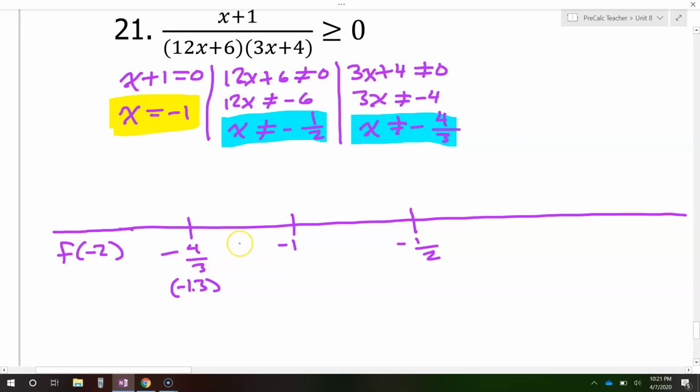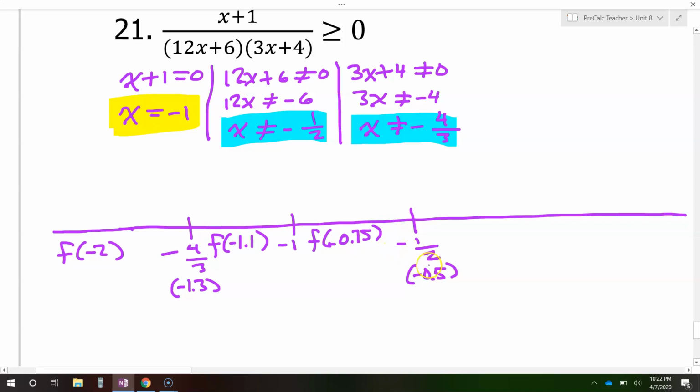So there are really only a couple of things that I would use, either negative 1.1 or negative 1.2. I think I'll just use negative 1.1. So I'm going to check negative 1.1 as a test value. Now similarly, in between negative 1/2, which is the same as negative 0.5, and negative 1, I might, for example, use negative 0.75.